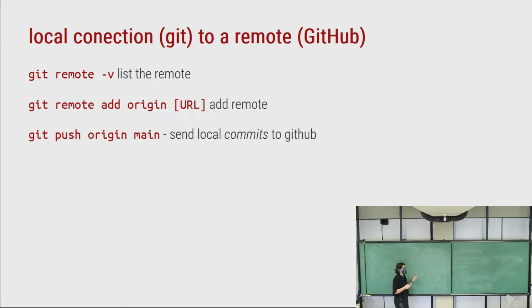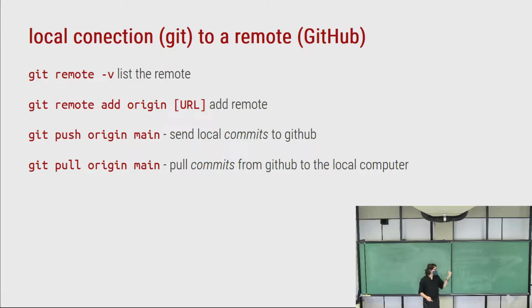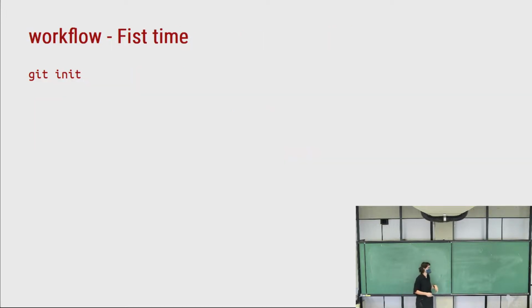And then the final step is to push everything, all of your commits, to the main or any branch that you are working on, but to the origin. So git push origin main will send the local commits to the main branch. And git pull will pull the commits from GitHub to the local computer.